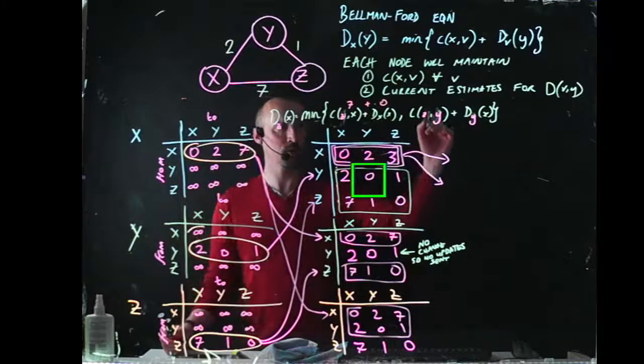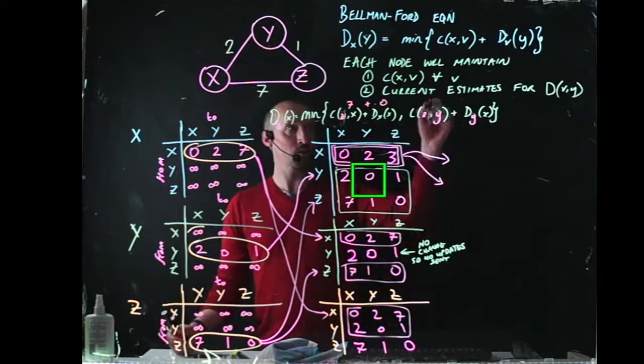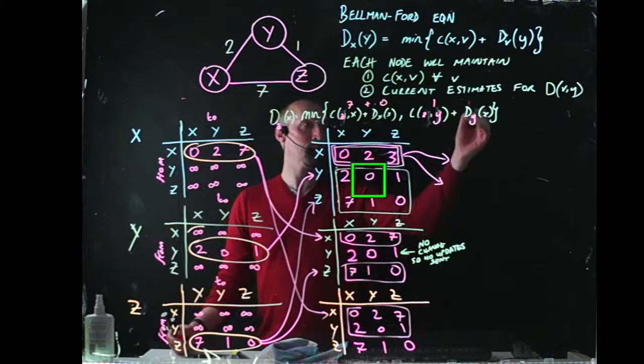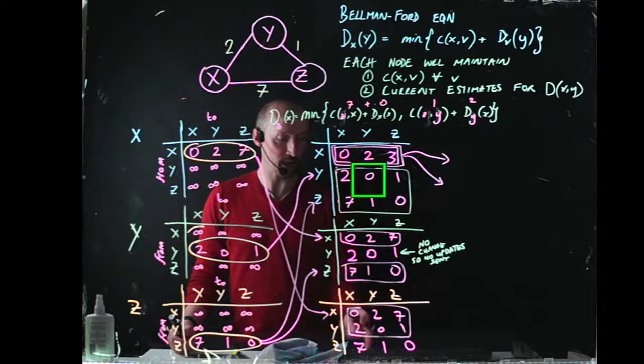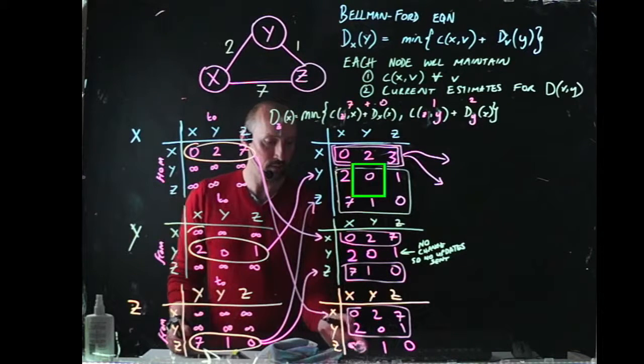And here, to get to Y is just 1, plus the cost to get from Y to X is just 2. So I get 3. So I'm going to end up updating this value here. It's gone to 3 now.